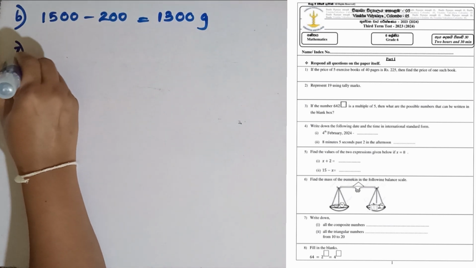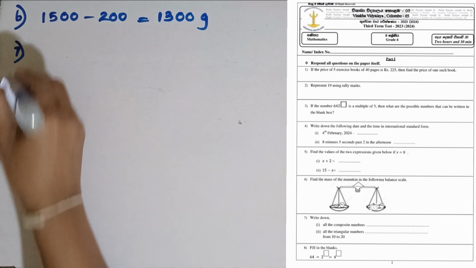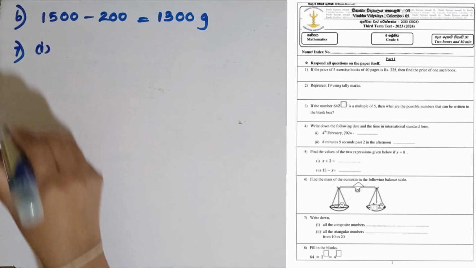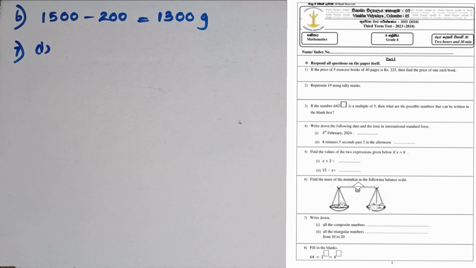Question number 7. Write down, first one, all the composite numbers, second one, all the triangular numbers from 10 to 20.